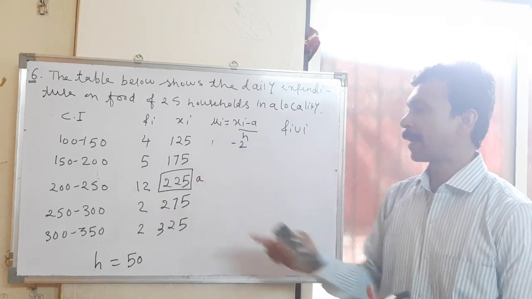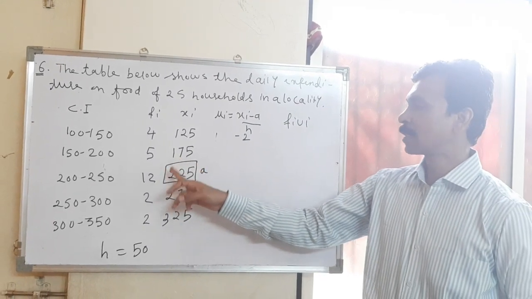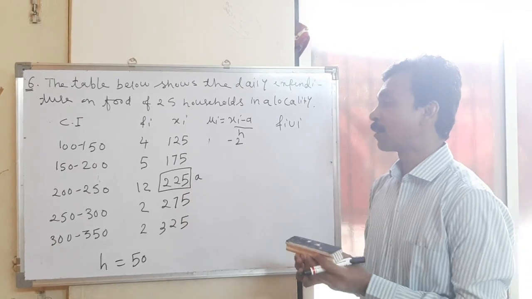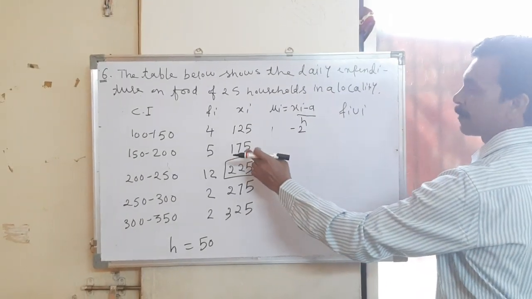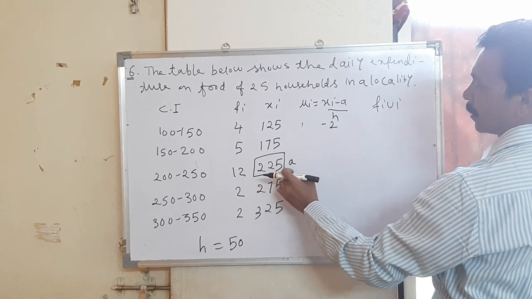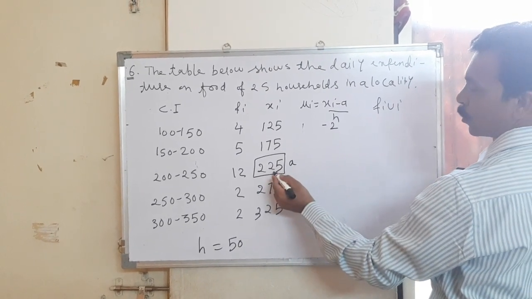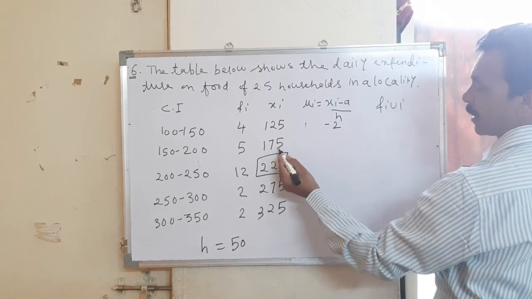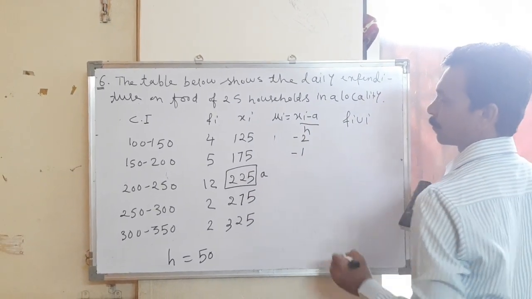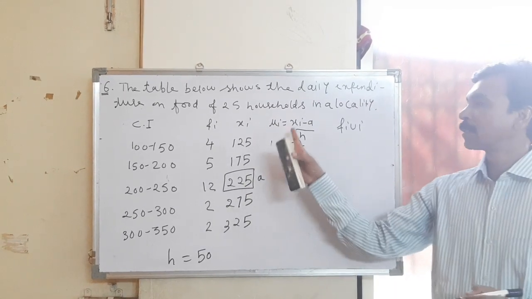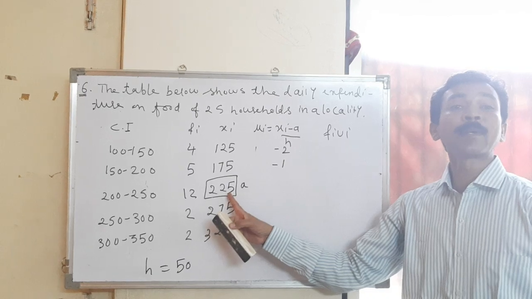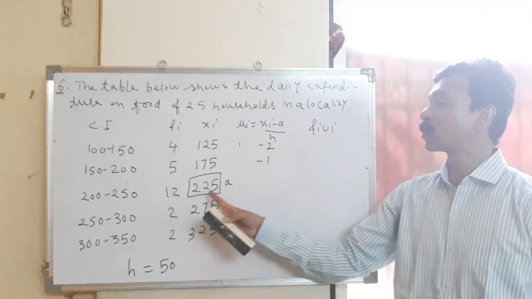We'll find second ui. 175 minus a, a is 225. 175 minus 225, that will be minus 50. So minus 50 upon 50 is minus 1. Now next ui is xi minus a upon h. Here xi is 225 as well as a is 225.